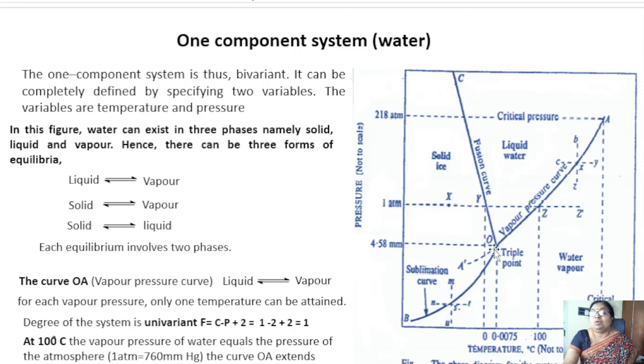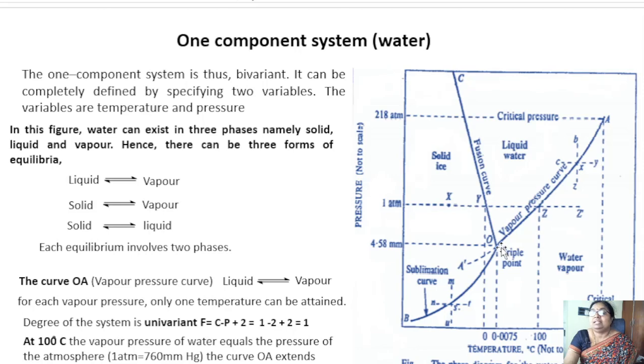So at O, if we increase the temperature along OA, there is no sudden change, because whatever temperature you apply is utilized for the conversion of solid into liquid water.